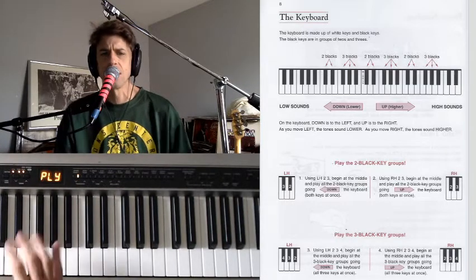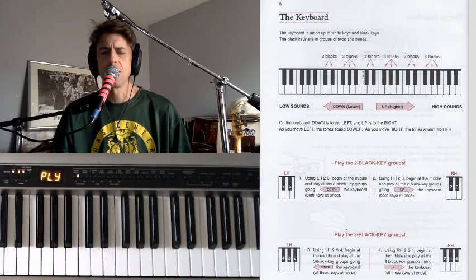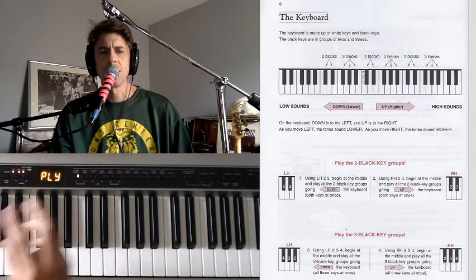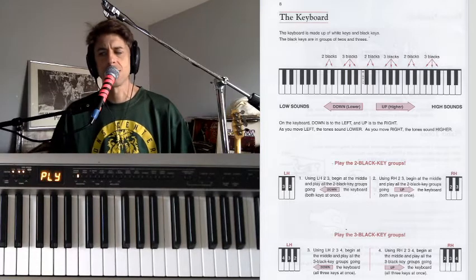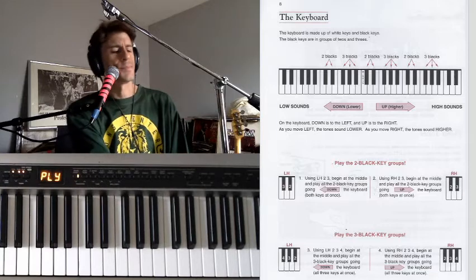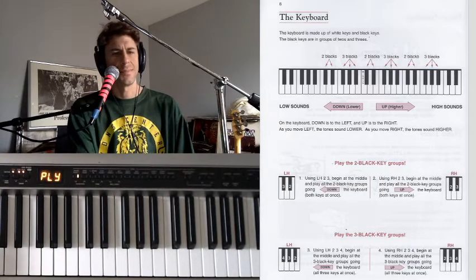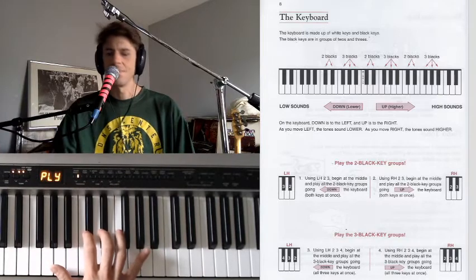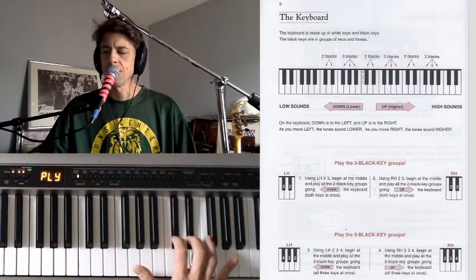So like I said, we have sets of 2 and 3. Now what I want you to do is go through and use 2 fingers. You're going to go through and play all the sets of 2 black keys like this. Be sure to skip the sets of 3.